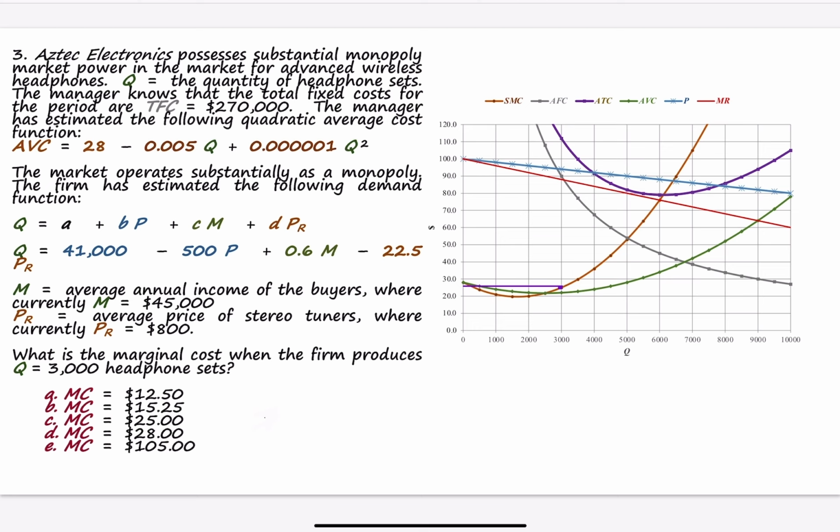Next one says, what is the marginal cost when the firm produces 3,000 headphones?